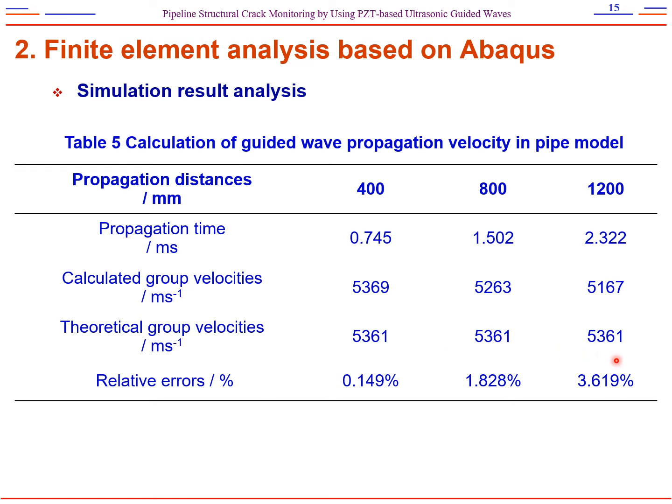It can be observed that the calculated group velocities values are basically the same as the theoretical value of L02 mode guided wave at the central frequency of 70 kHz. It is indirectly verified that the excitation signal in this simulation has approximate properties of L02 mode guided wave.